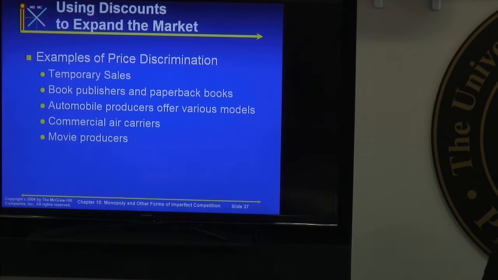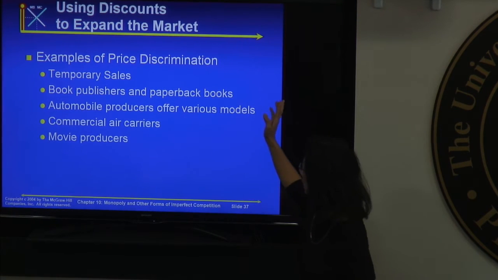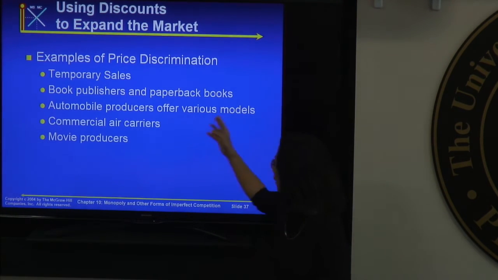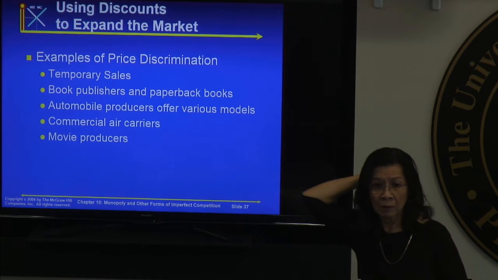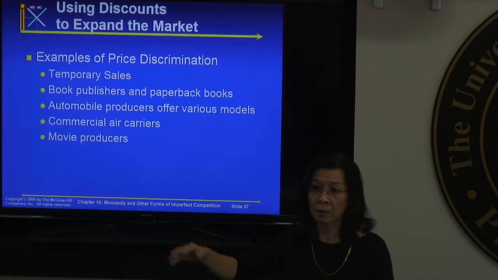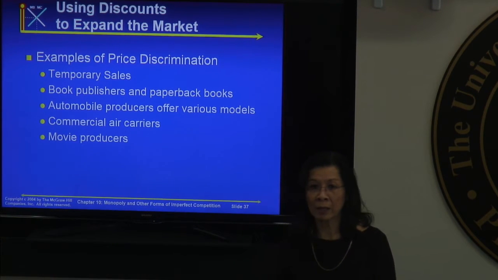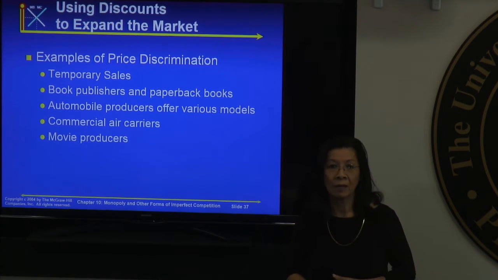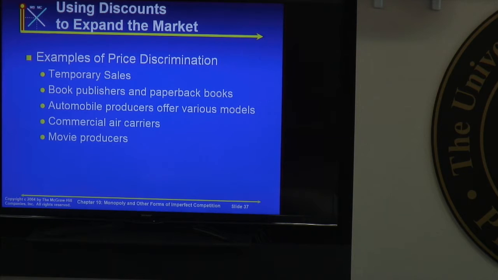And some examples of price discrimination: temporary sales, book publisher, paperback, we talked about it. Car companies produce various models, right? When you buy a car, it could be a car that's no frill, no power steering, nothing. Or you could buy something that has a GPS device, a rear camera, a sports frame.